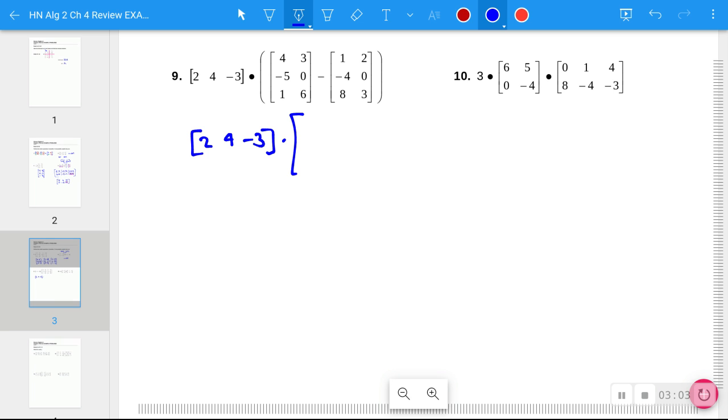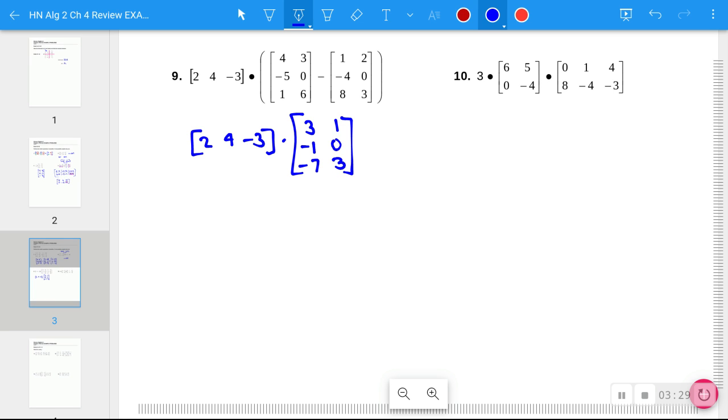Okay, the top left corner is 3, and that would be from this 4 minus that 1. 3 minus 2 would be 1, and then negative 5 minus negative 4 is going to be negative 1. And 0 minus 0 is still 0. 1 minus 8 comes next, and 6 minus 3 finishes it out.